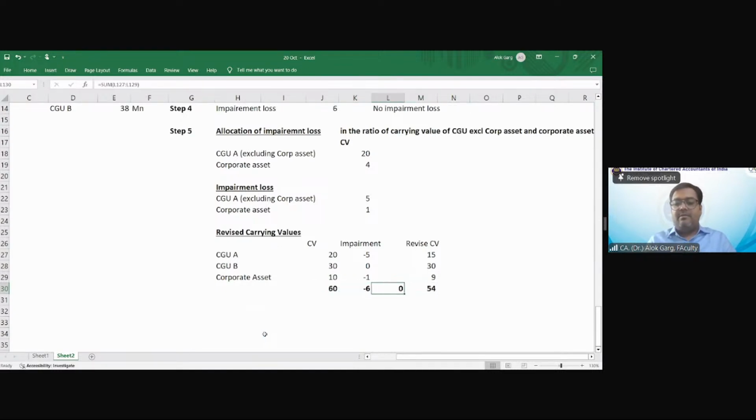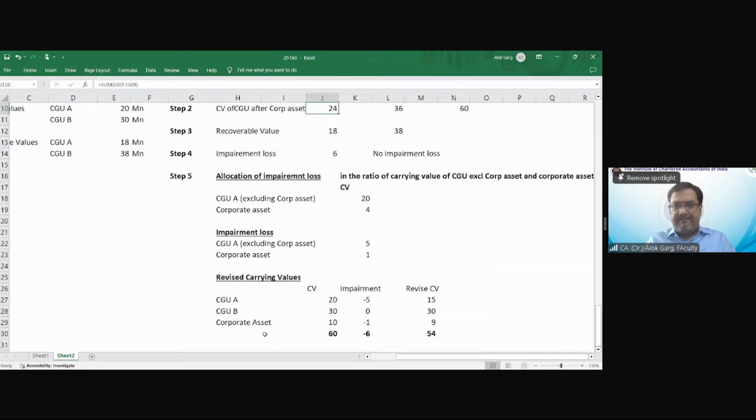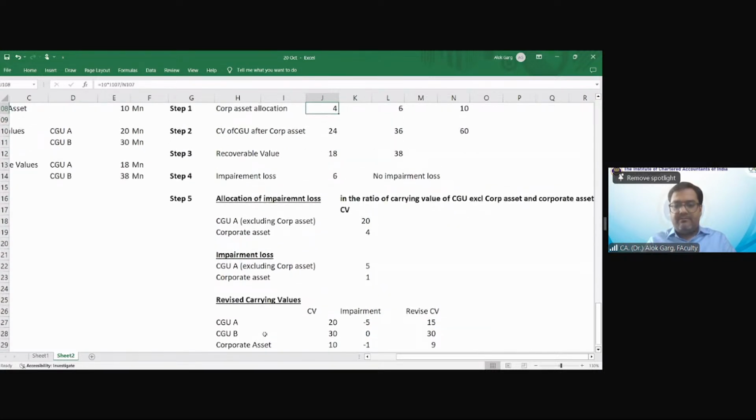So, sir, 18 is the value given in the question as recoverable amount for CGU A. Then we have to allocate a further 3 millions into the corporate asset, no? See what happens.